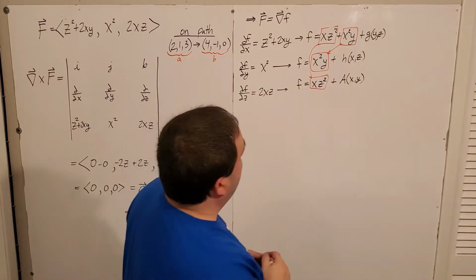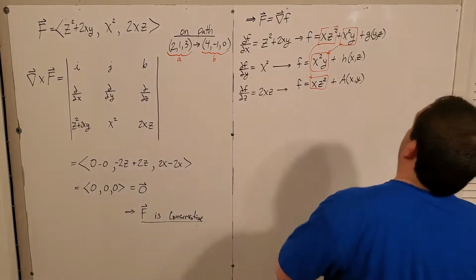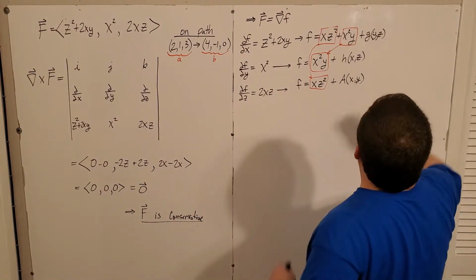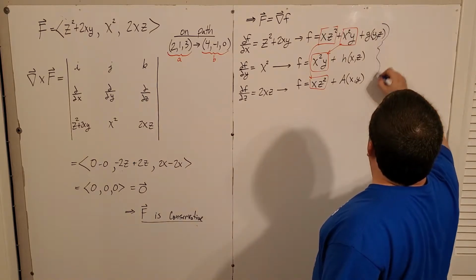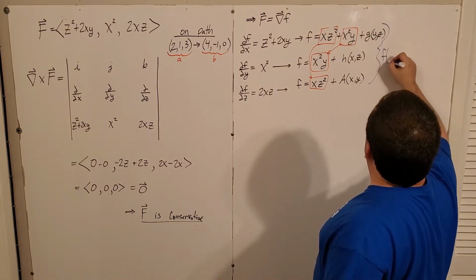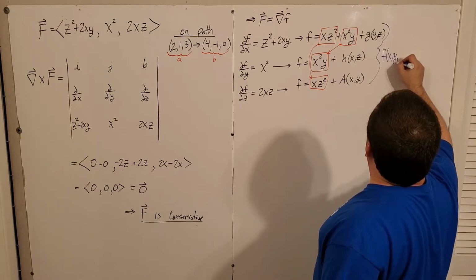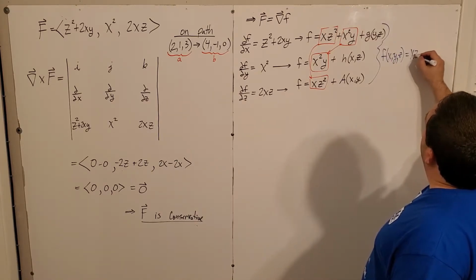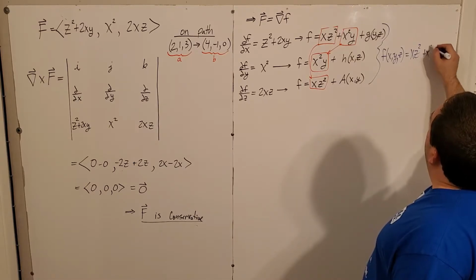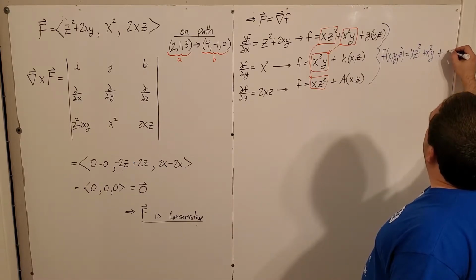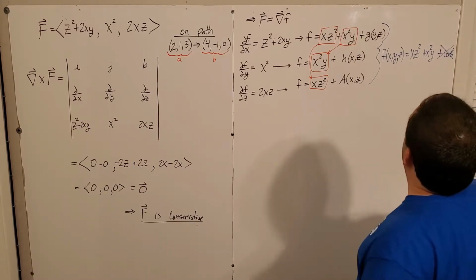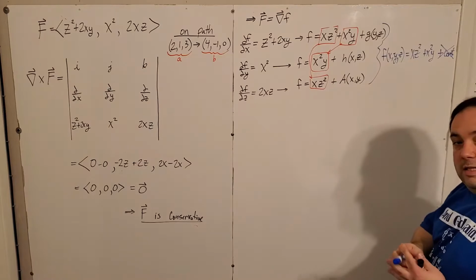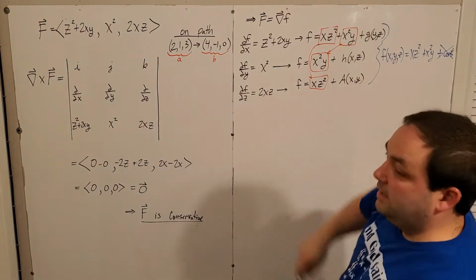So then that's telling me that my potential function, if I bring all of this together, my potential function of x, y, z would have to be equal to xz squared plus x squared y plus some other constant, right? But remember, in this case, I'm not worried about the constant because it's going to get subtracted away.